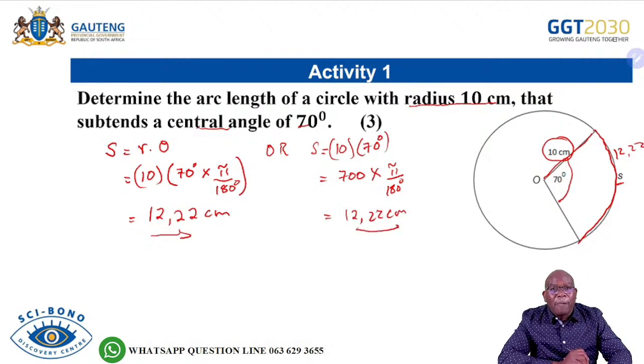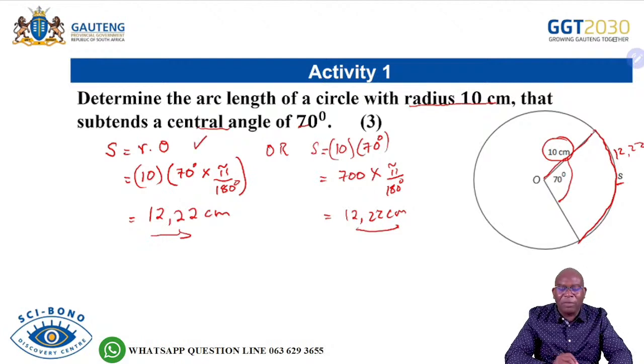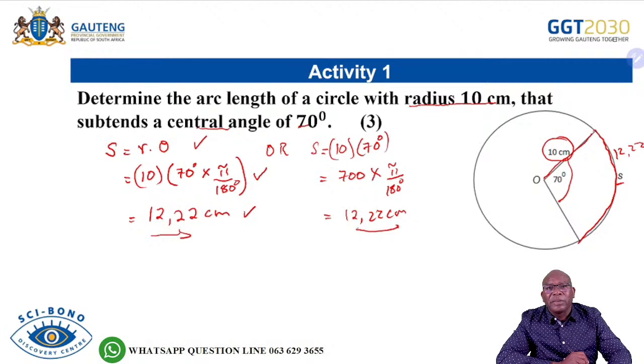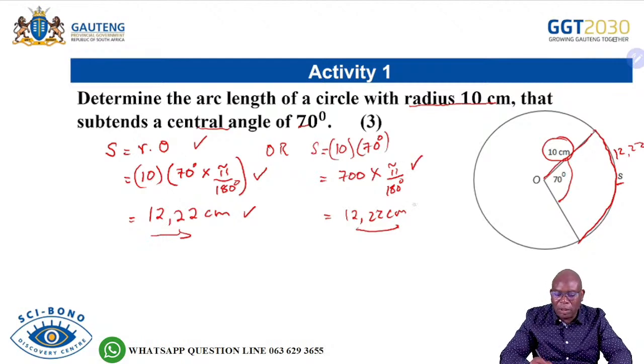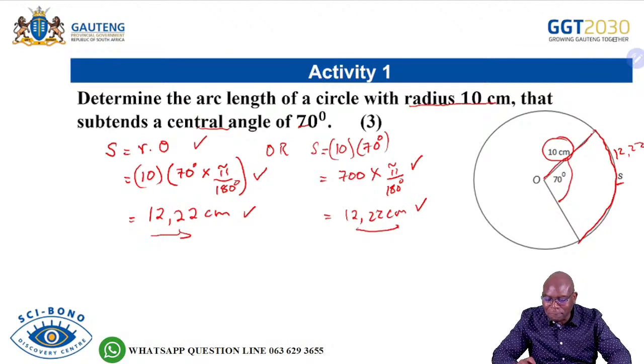So you can still do it that way. This is 3 marks. The nice thing about this section is that you are given a mark for the formula, a mark for the substitution, and a mark for the final answer. So there will be 3 easy marks. All right.